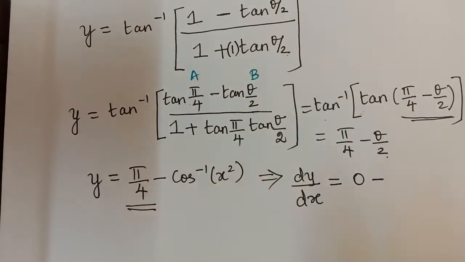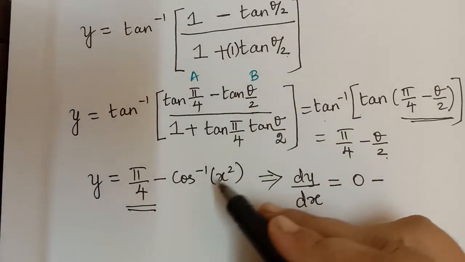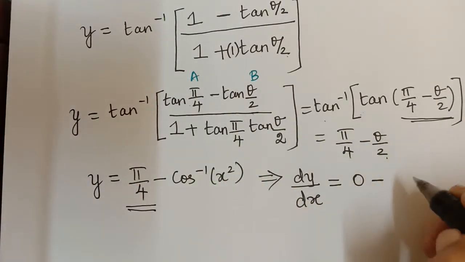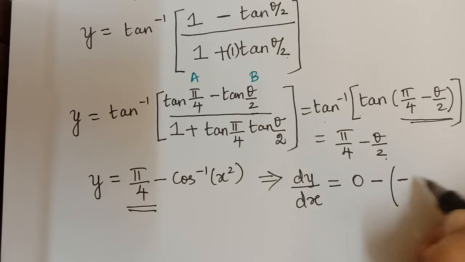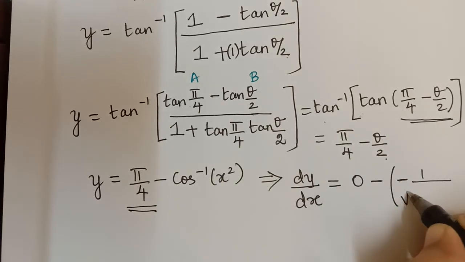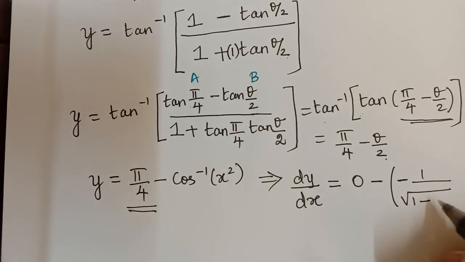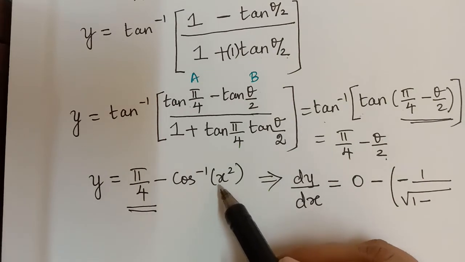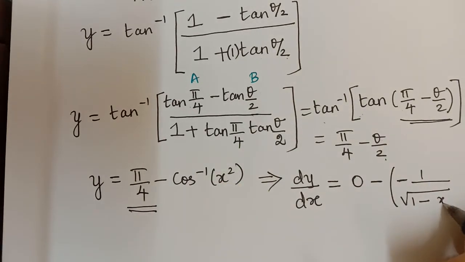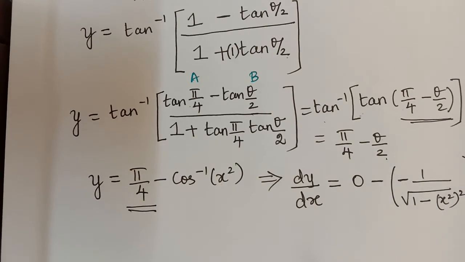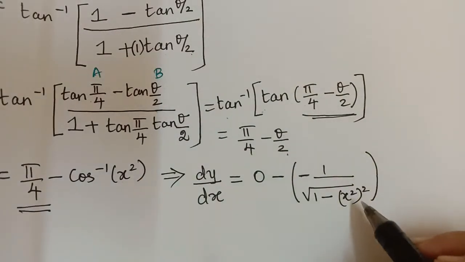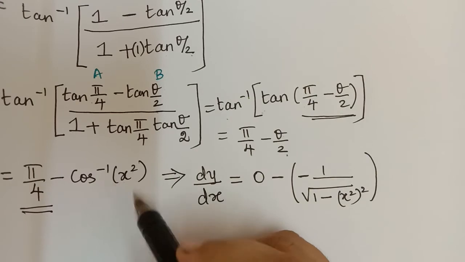So the differentiation of cos inverse of x square will be negative 1 by square root of 1 minus x square the whole square, multiplied with, here we have to again use the chain rule.